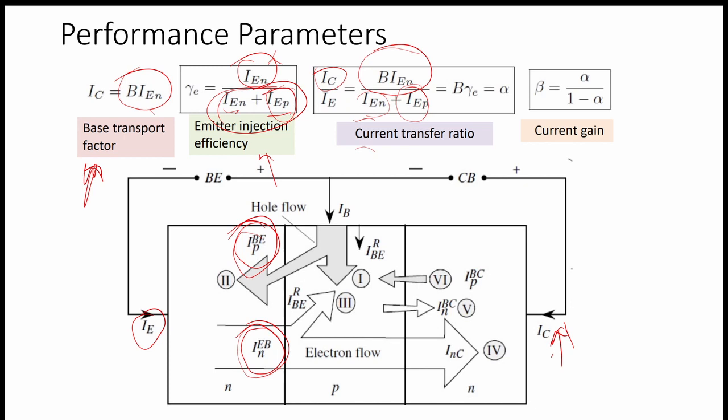Now IEN divided by IEN plus IEP we can convert to gamma E, the emitter injection efficiency. So this is nothing but B into gamma E, the emitter injection efficiency multiplied by the base transport factor. This is the current transfer ratio, which is given by alpha.